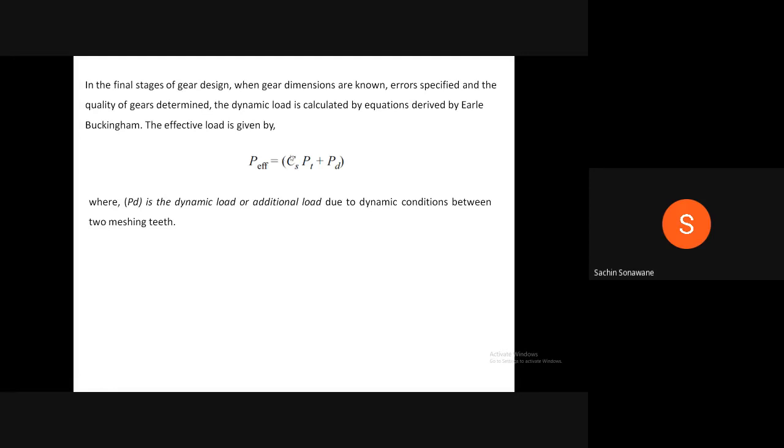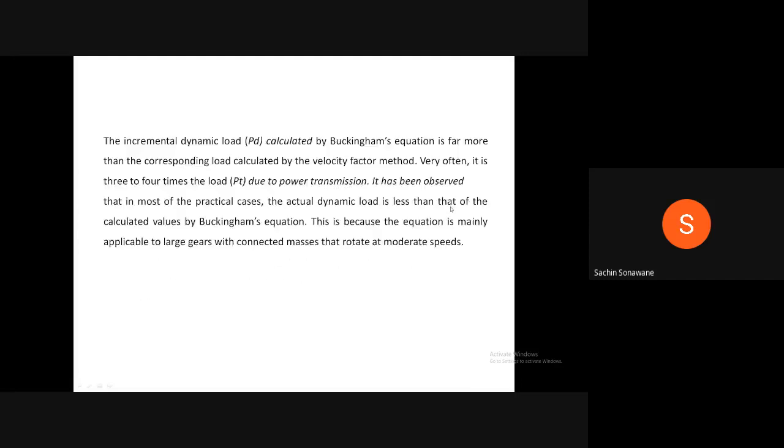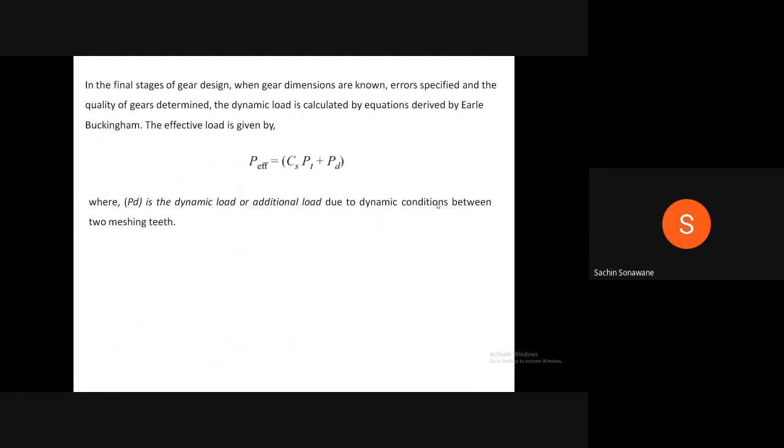While solving problems, you will understand, we are going to solve many problems. Pd is the dynamic load or additional load due to dynamic conditions between two meshing teeth. Therefore, this is the expression of effective load.